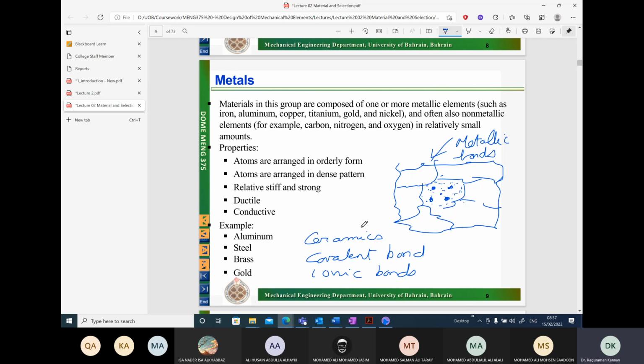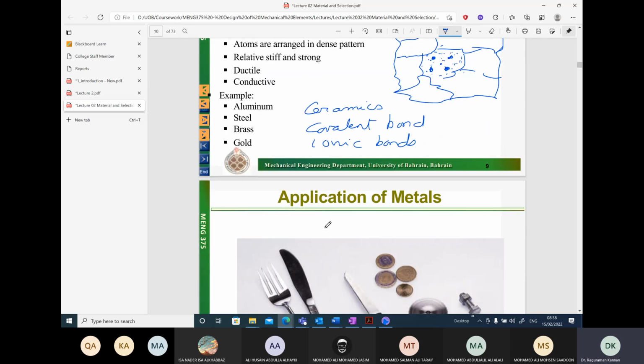Whenever you have these kinds of bonds, they do not allow free vibration of atoms or free motion of electrons, and therefore ceramics are usually very good insulators, and they have very bad conduction properties for electricity or even heat. So they are very good thermal insulators and electrical insulators. Okay, so we know the difference between metals and ceramics.